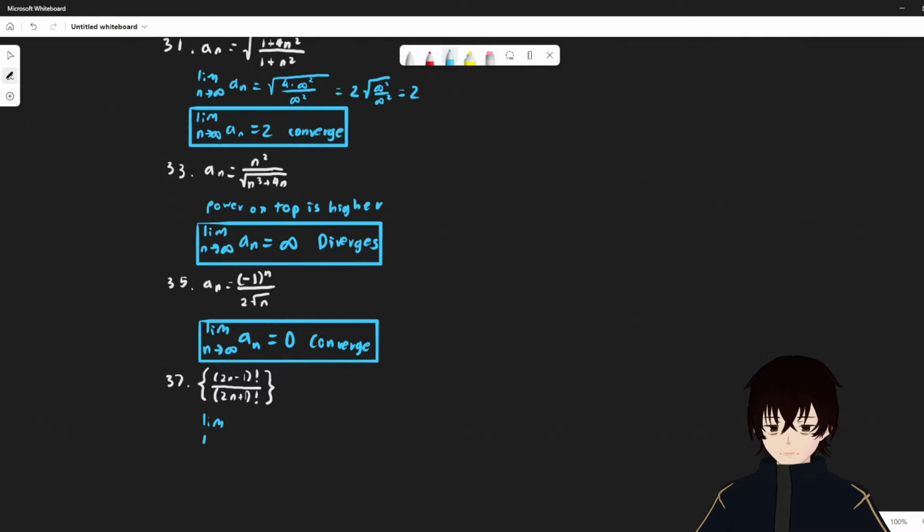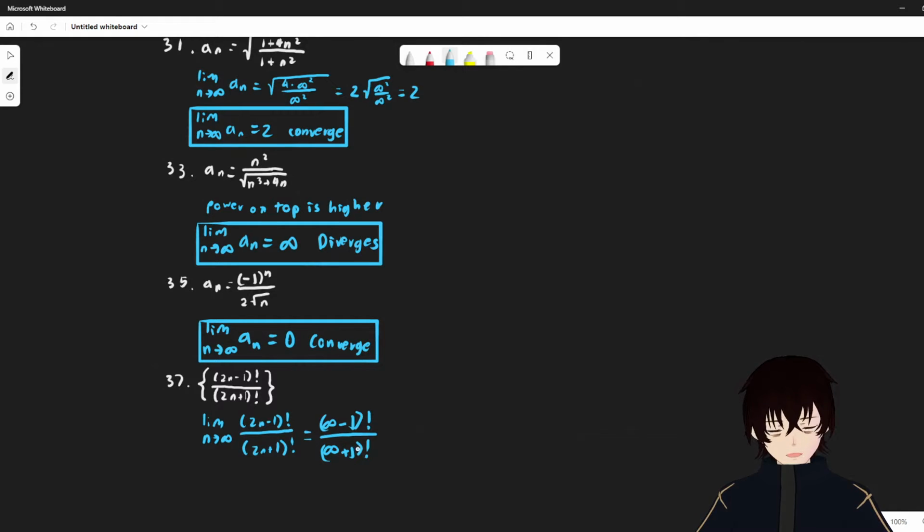The limit as n approaches infinity of (2n minus 1) factorial over (2n plus 1) factorial is equal to, oh god, (infinity minus 1) factorial over (infinity plus 1) factorial.